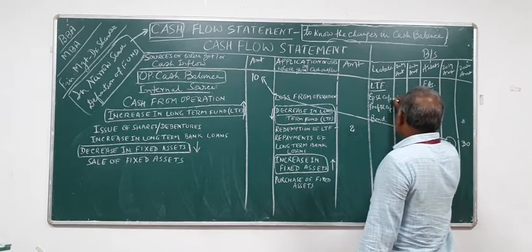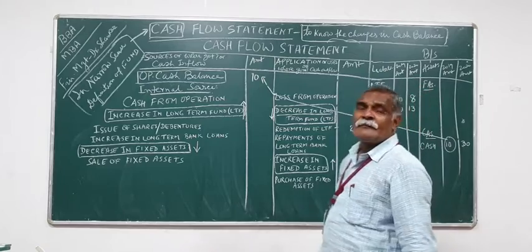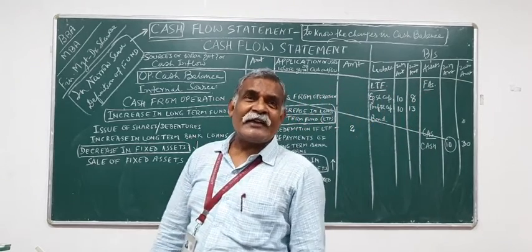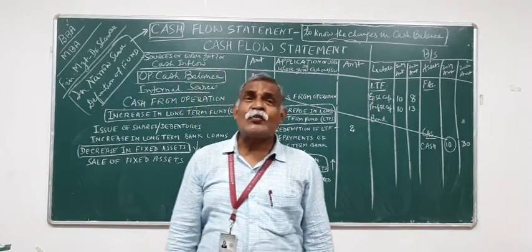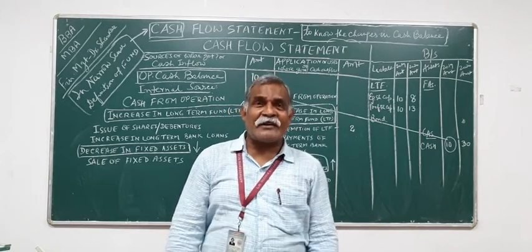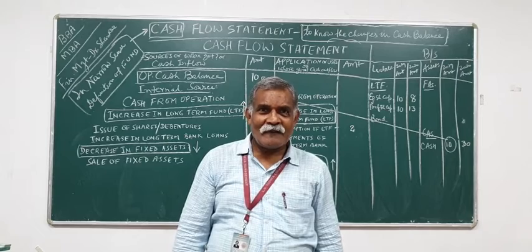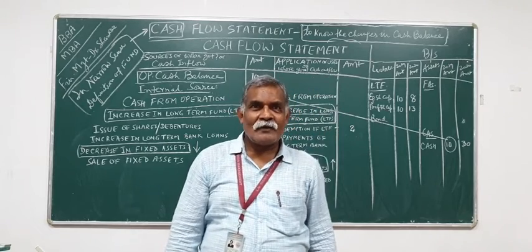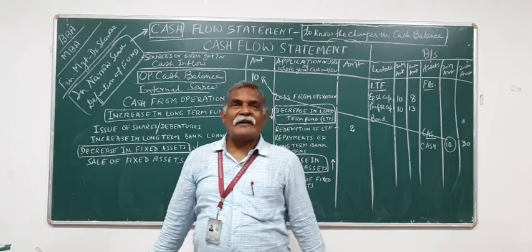What about preferential capital? 10 to 13. Increasing. Increasing means you have issued more shares in the market. How much? 3 rupees. Why? Because you are in need of fund.